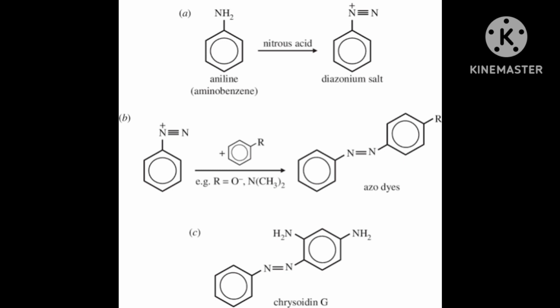Now I am telling you some importance. Okay. Importance of diazonium salt in the synthesis of aromatic compounds. It is a very useful compound. Diazonium salt is very useful in the synthesis of aromatic compounds. From this I have already discussed two reactions.